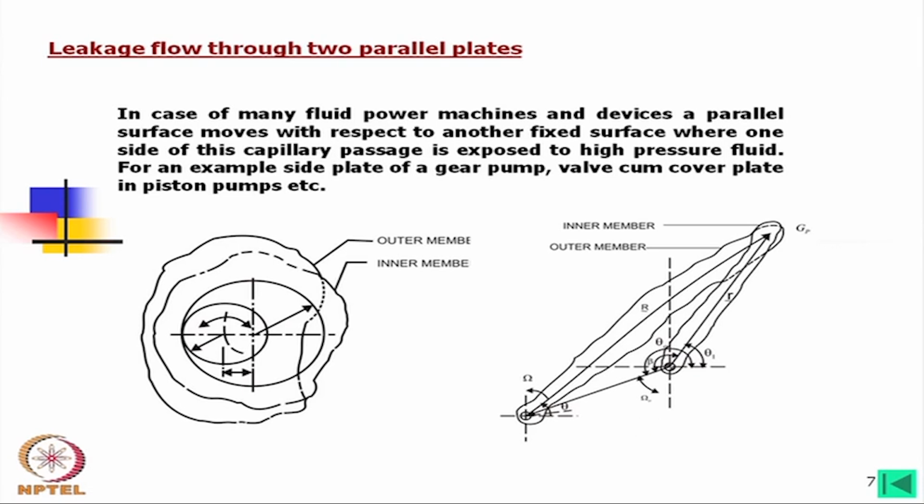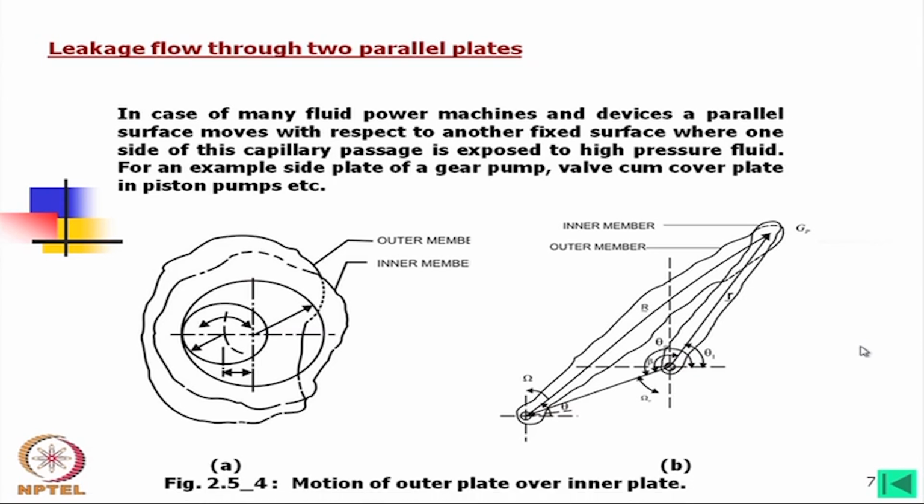I think you may not have an idea of a gear pump, but just imagine two external gears rotating within an enclosed space, with two side plates, pumping oil from one side to the other. Definitely there is pressure felt inside the cavity, and then there will be leakage through the side plates. That can be analyzed with the theory we are going to study now.